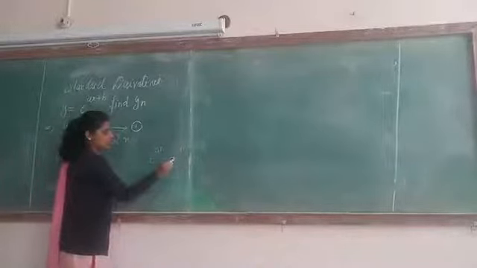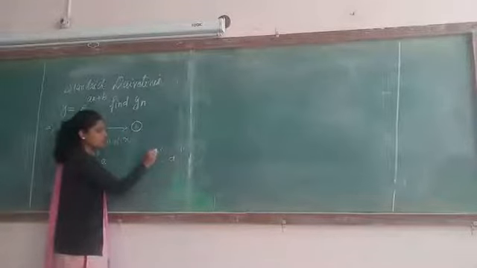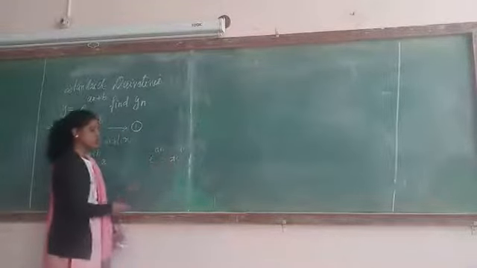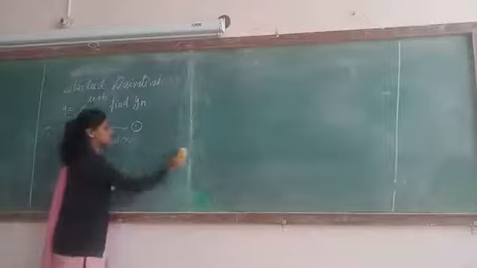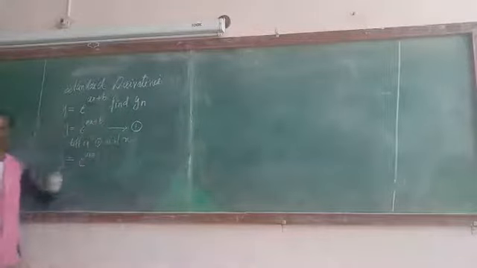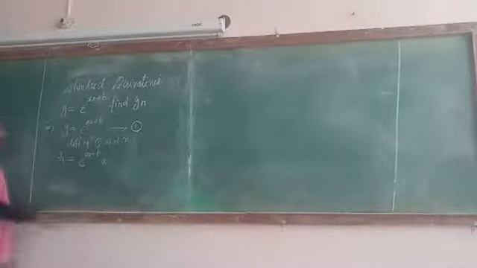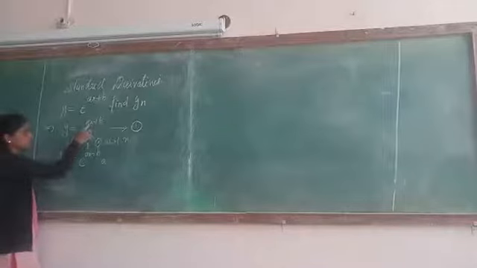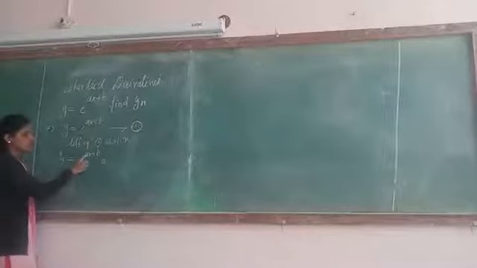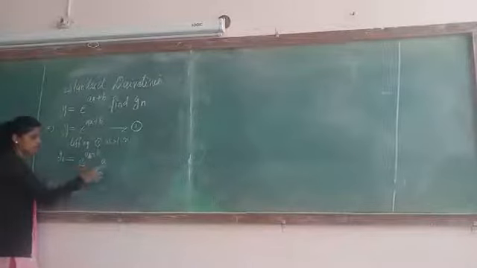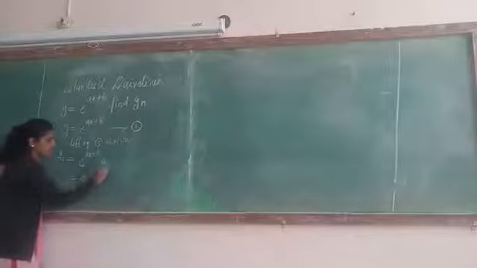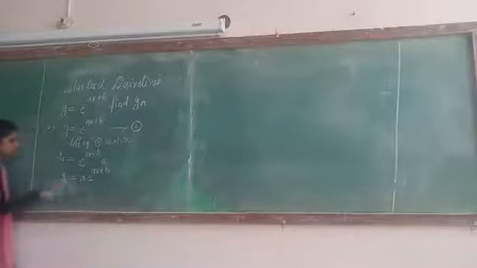Always we write the coefficient of x, because we are differentiating with respect to x, so we multiply by the coefficient of x. So derivative of e to the power ax plus b is e to the power ax plus b, and coefficient of x is a. So this is a into e to the power ax plus b. This is the first derivative.